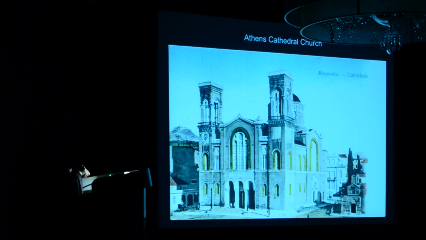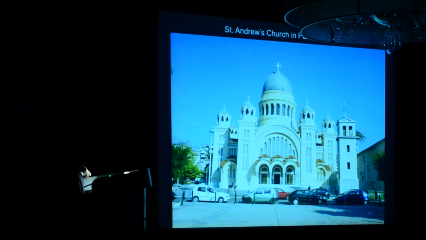A much more recent building, included in this presentation, next is St. Andrew in Patras. This was built after the return of the holy relics of St. Andrew in 1964. And you see now a new kind of appearance. What kind of rhythm architecturally is this? It's very difficult to describe.